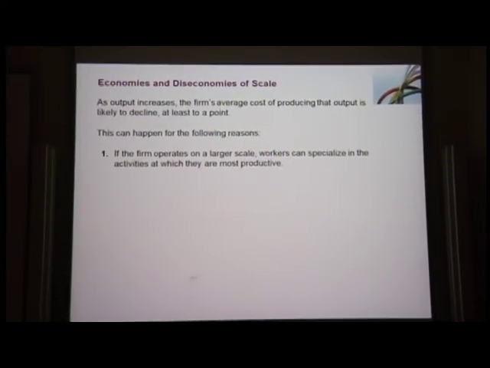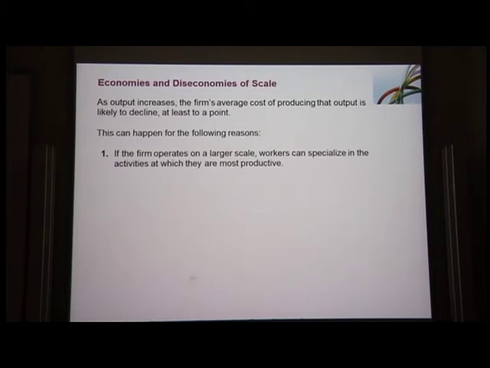That is the first part of the slide. As output increases, what happens with the firm's ATC, or the long run average total cost curve? It declines up till a certain point. And then you get diseconomies of scale, then the LAC is increasing. Then it's no longer effective for the firm to produce further than that point, or the scale of the operation becomes too big.